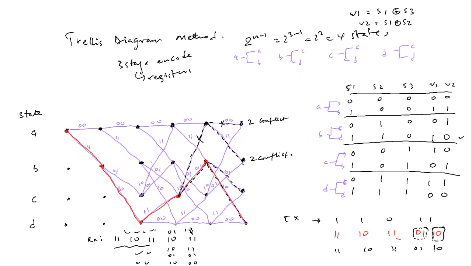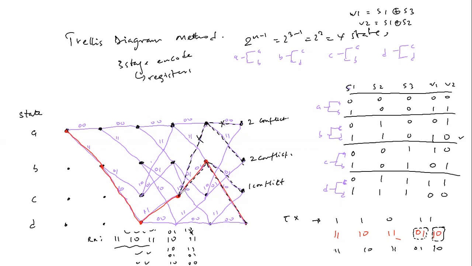Then here we are receiving 0, 1. That's from C to B. 0, 1, 0, 1. So we are receiving one conflict here.